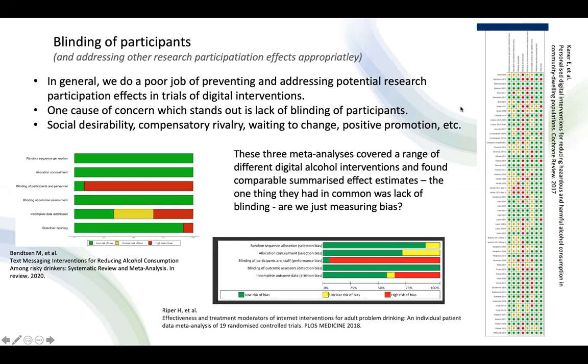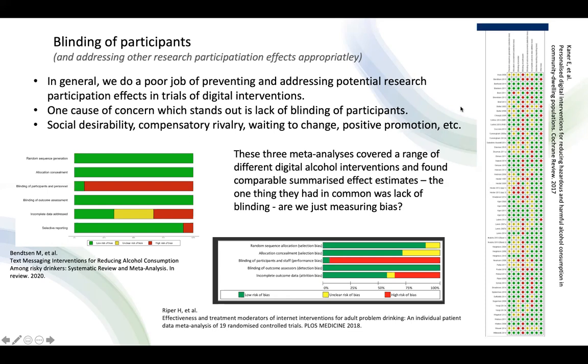No intervention effect at all. We've just measured this bias due to blinding. So I apologize in advance. That's quite a hypothesis leap, but it's potentially there, right? The one thing all these trials had in common was that they didn't blind people, and we see similar effect sizes. That should be a red flag.